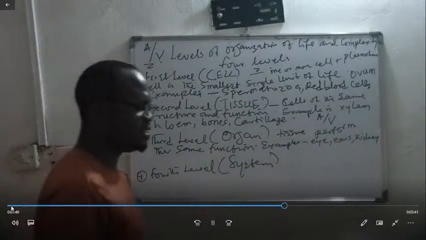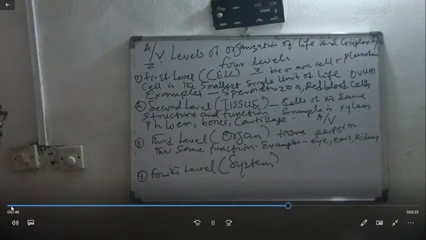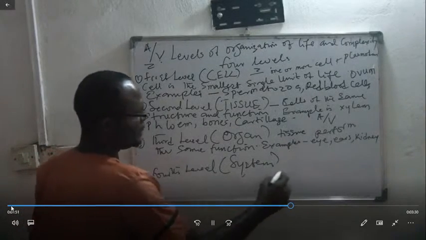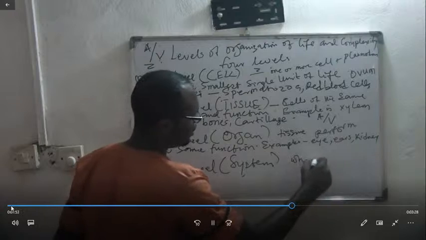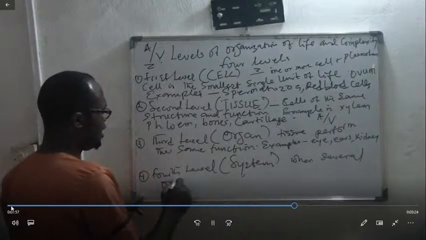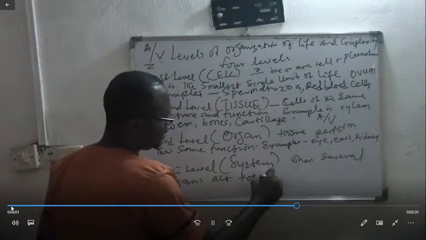Now finally, the fourth level of organization. The fourth level is when several organs act together.